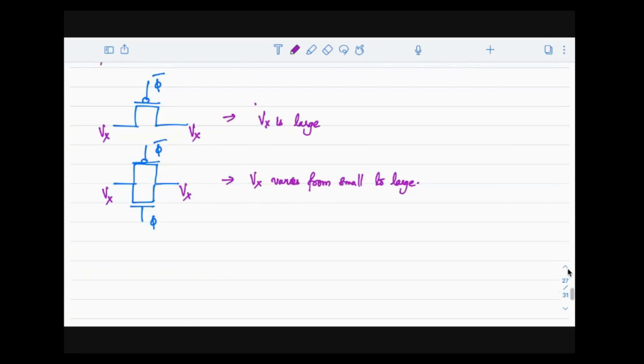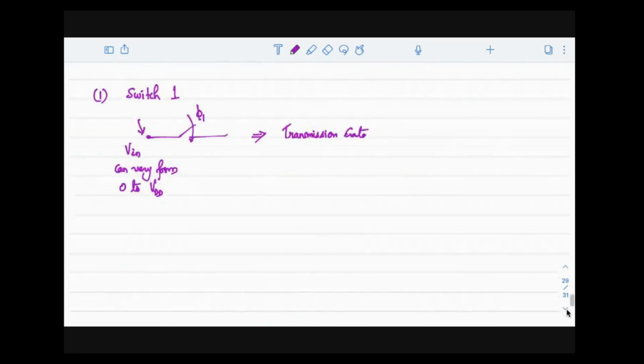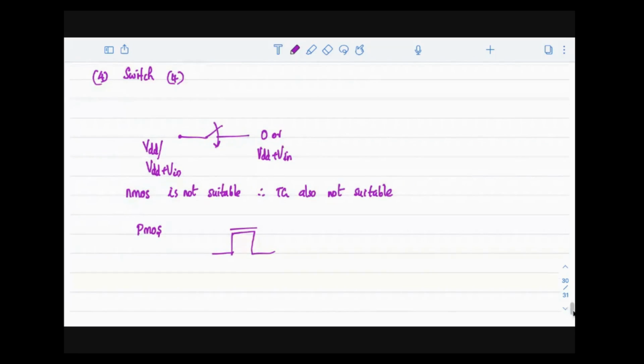Looking at the clock, it is phi 1. Since I am choosing a PMOS device, the clock should be phi 1 bar.